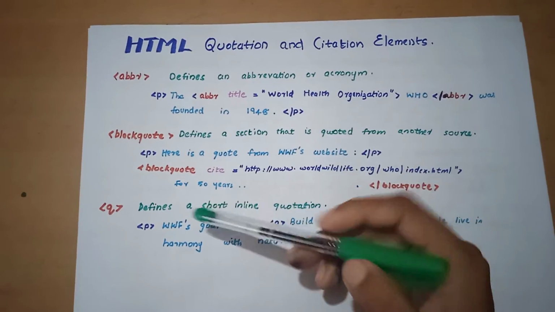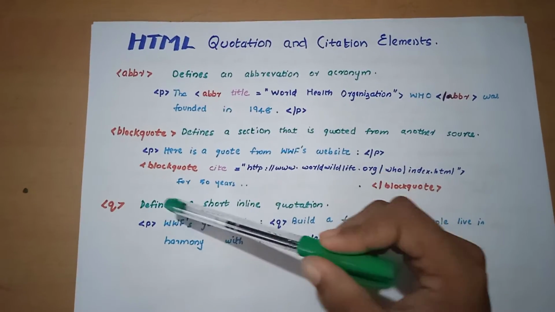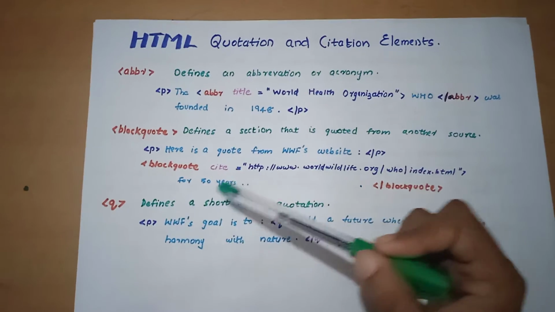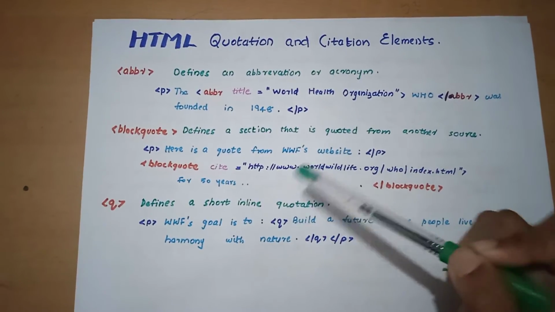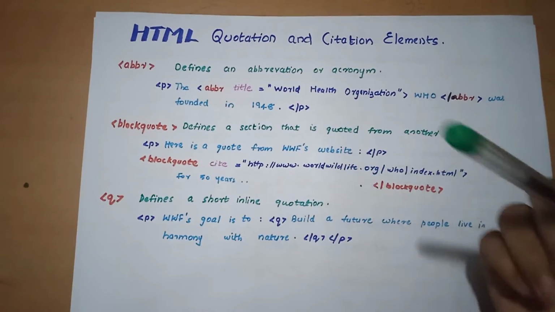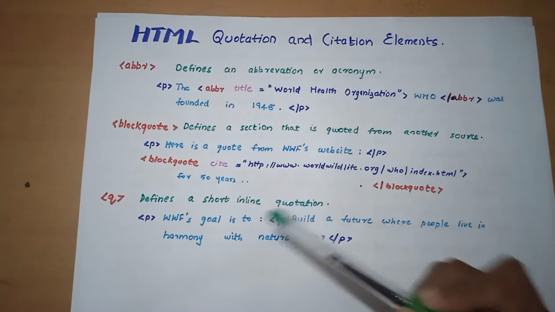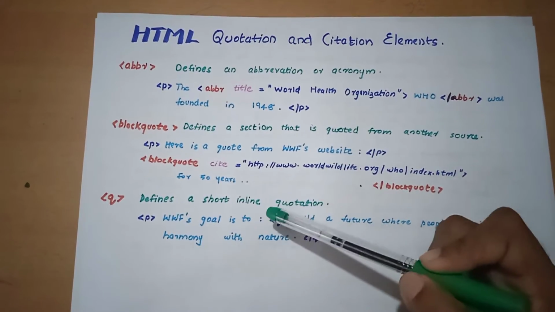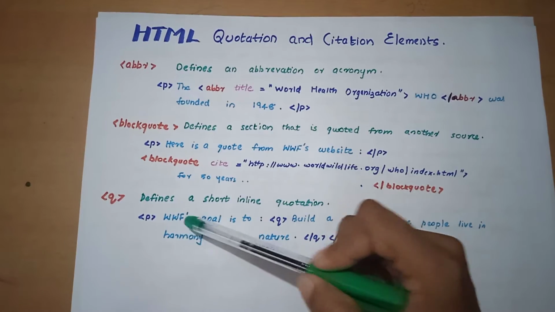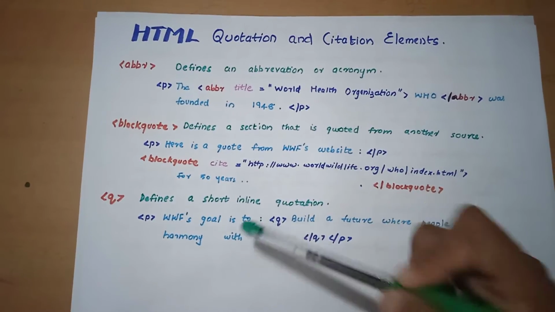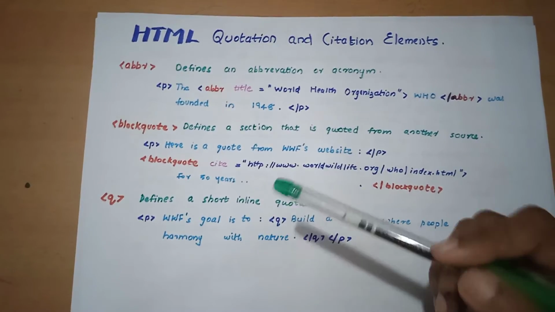Okay, so the next one is q. Simply, it means quotations. It defines a short inline quotation. So if you want to add something in an inline quotation, we can use this tag. I used here WWF's goal is to... it's a goal, it's already known.